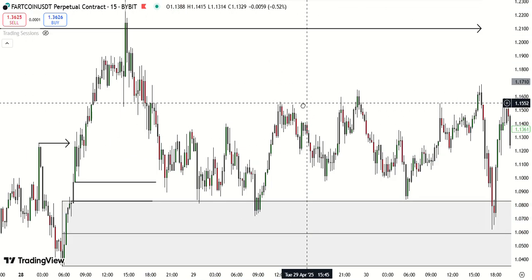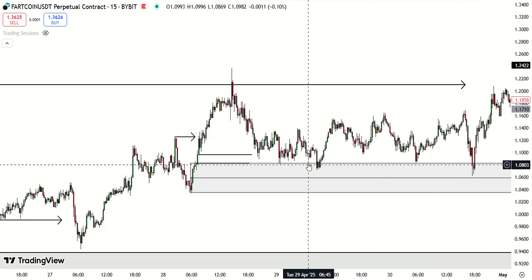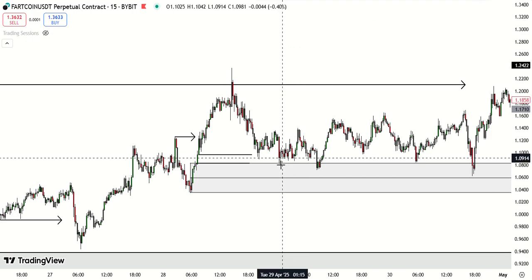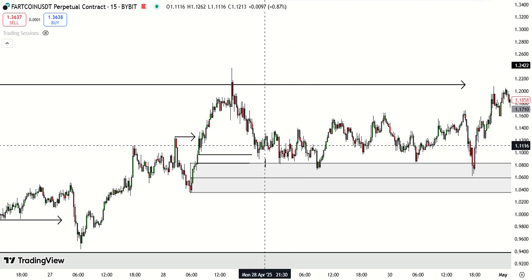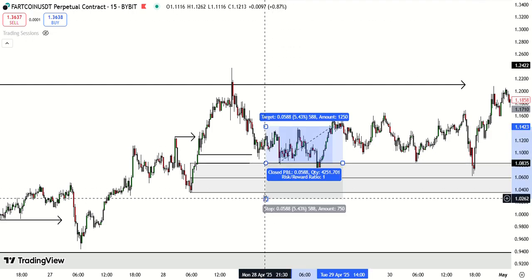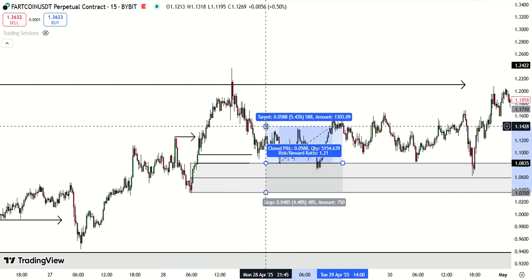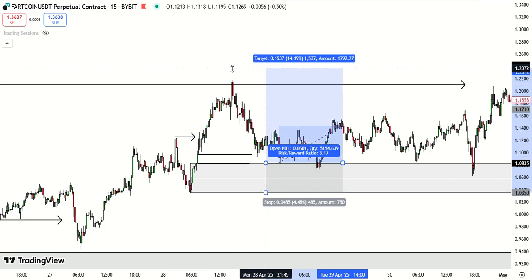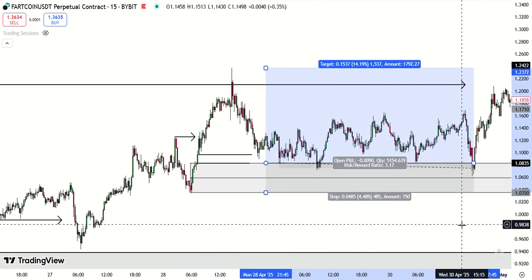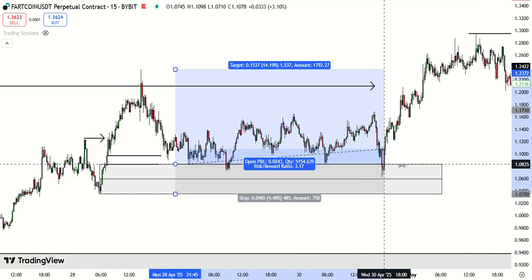There we go. As you can see, you would put your entry right where your order block starts, and you TP to the most recent high, which is that left over there.